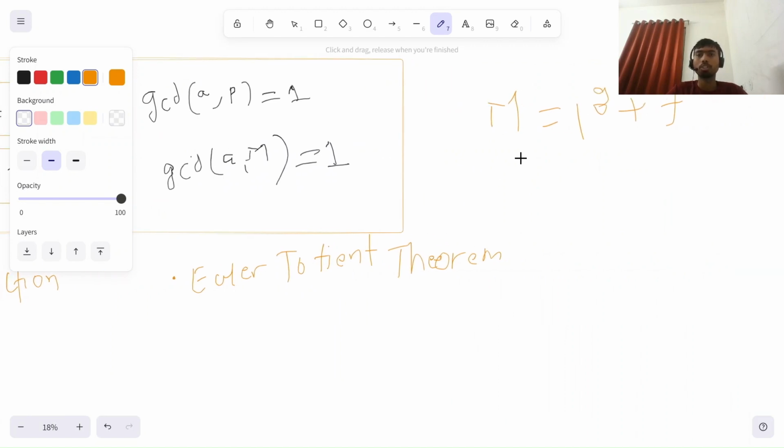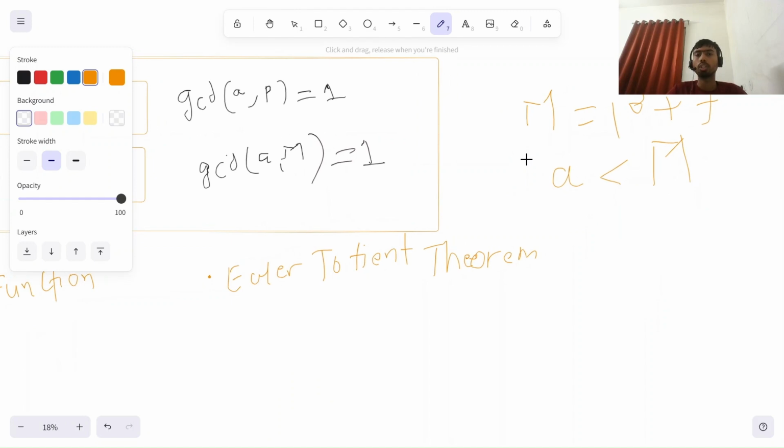Why? Because your a value is always less than m, since you have also applied the modulus operation on a.